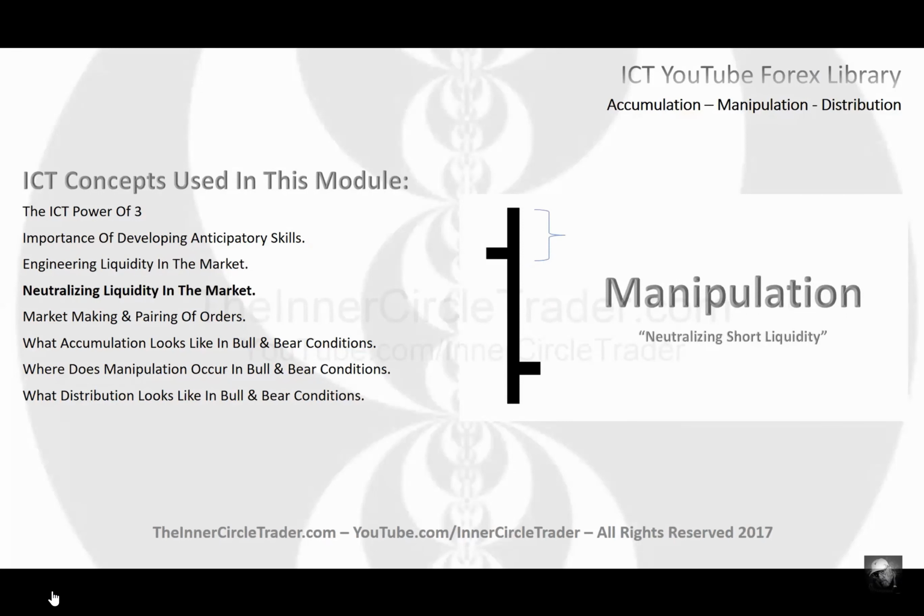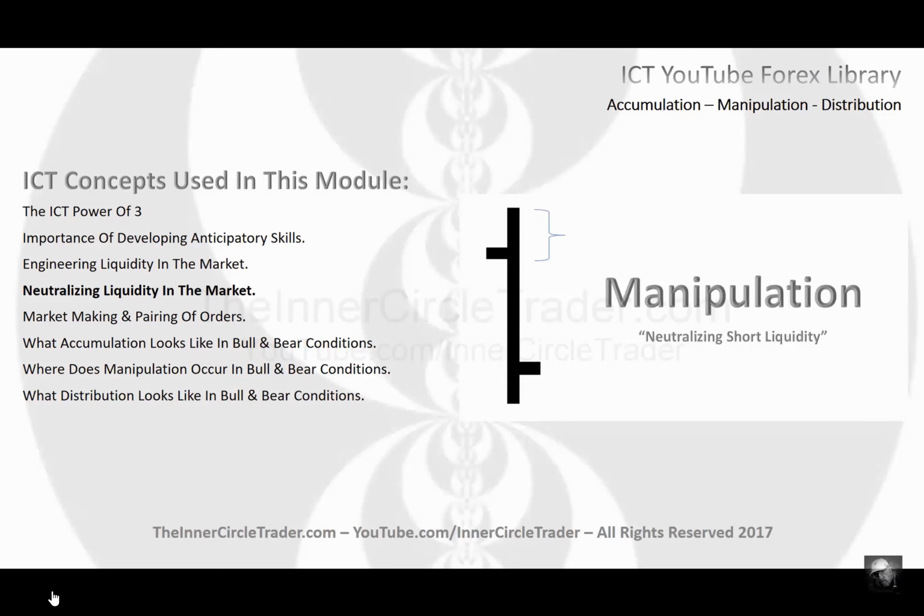Another form of manipulation would be neutralizing short liquidity. In other words, those individuals that would already be short in the marketplace that would otherwise profit from the future coming decline are knocked out by having their buy stops tripped. So their short position being neutralized is a buy stop.